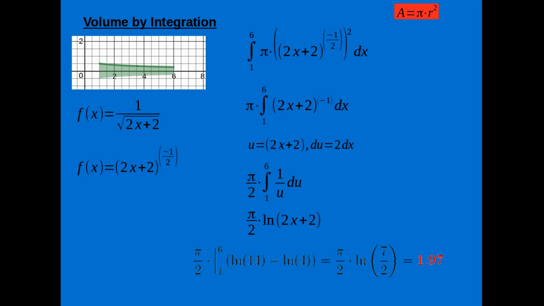Subtracting the logs means that we're dividing, and so we wind up with pi over 2 times the log of 7 over 2, which is the simplification of 14 over 4 becomes 7 over 2. And if we evaluate that on a calculator, we find out that our volume is slightly less than 2, 1.97, whatever our cubic units are, cubic centimeters, cubic meters, and so forth.